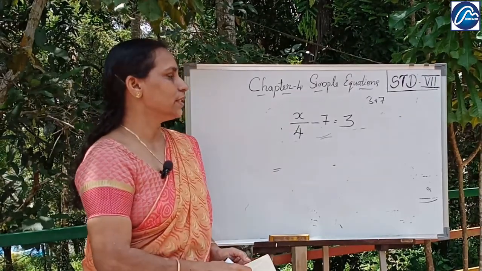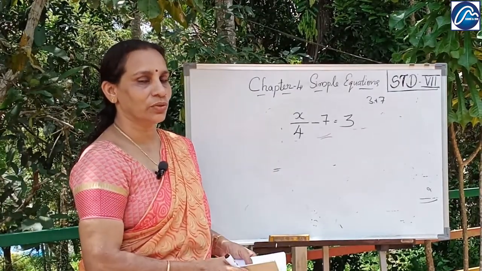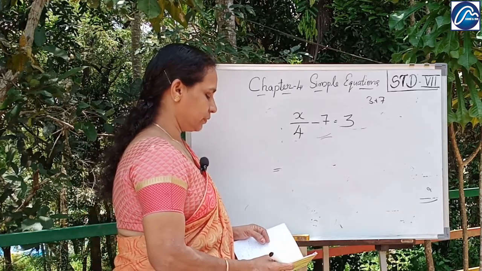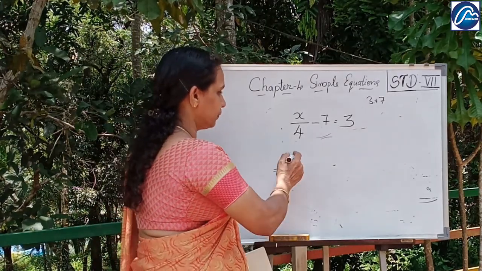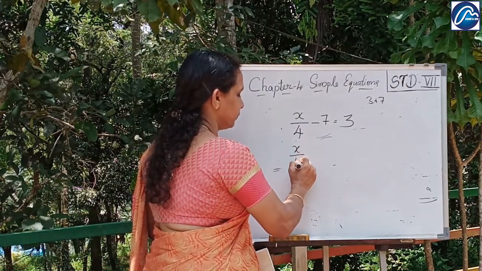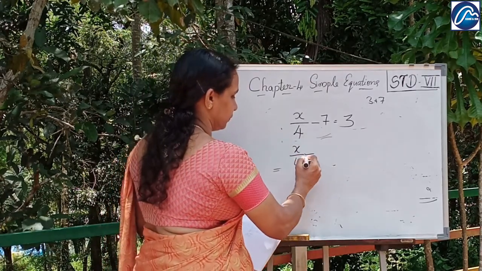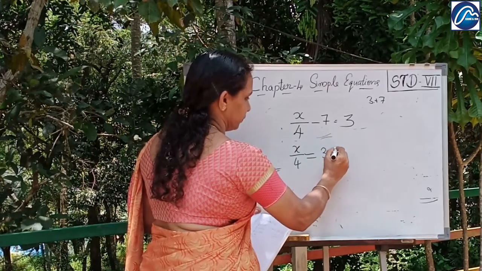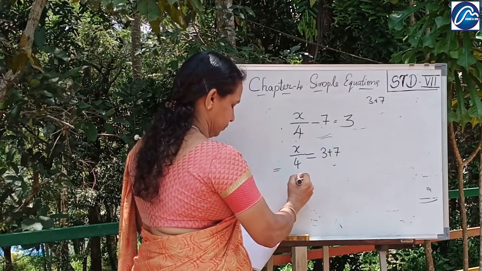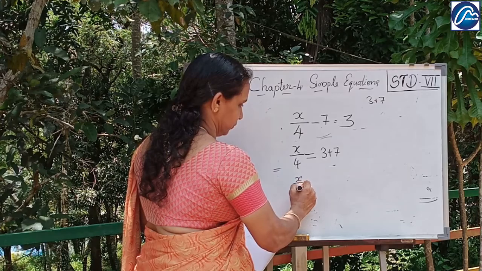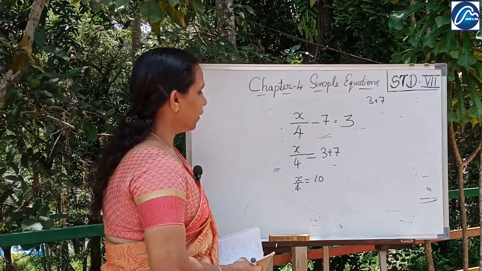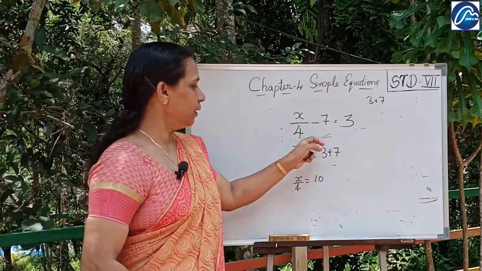So x divided by 4 minus 7 is equal to 3. x by 4 is equal to 3 plus 7.